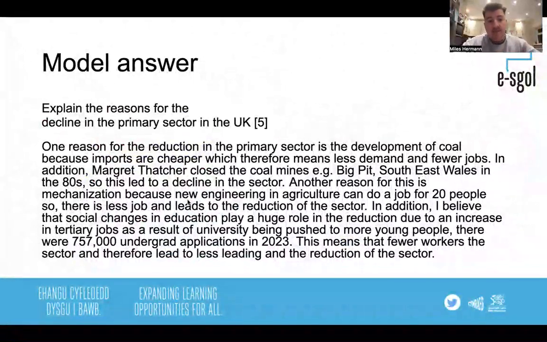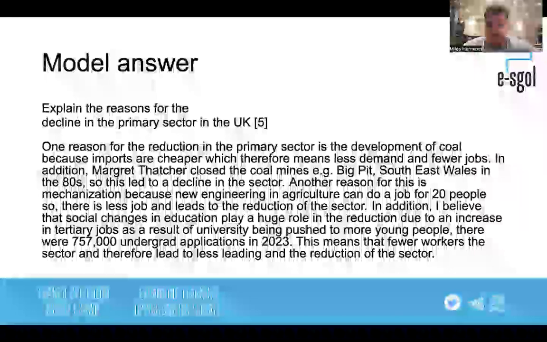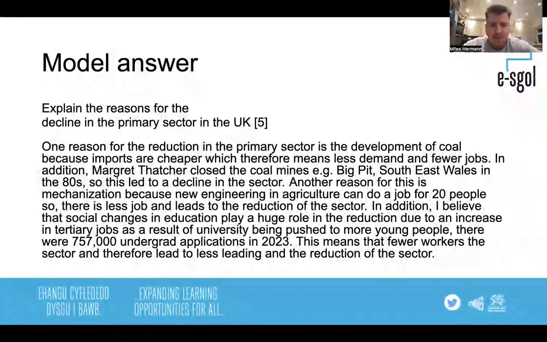Here's a model answer for a question that you could receive that says, explain the reasons for the decline in the primary sector in the UK. So this pupil from my school has written this answer. One reason for the reduction in the primary sector is the decline of coal, because imports are cheaper, which means less demand and fewer jobs.